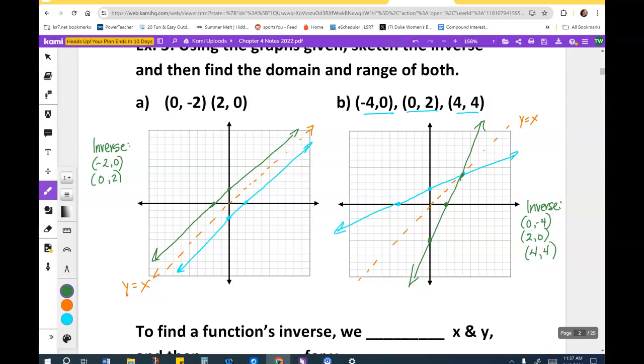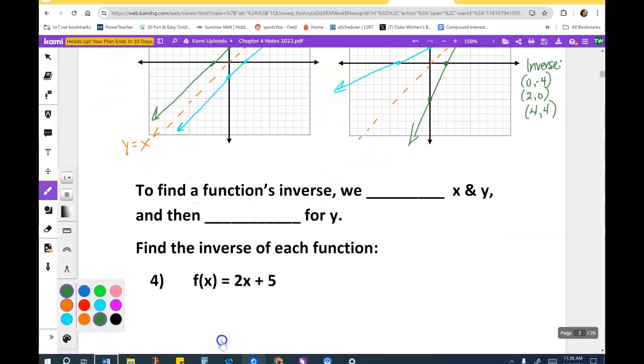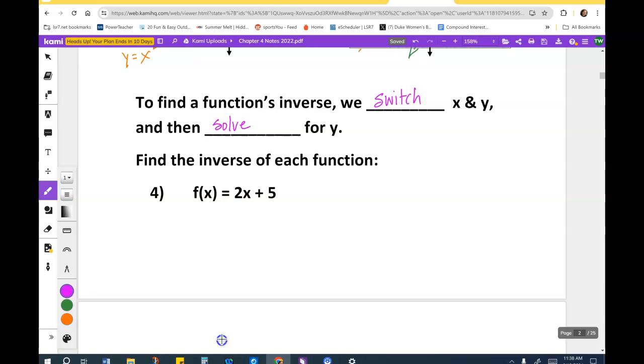But you can find the inverse just simply by switching your x and y. So we find the inverse when we switch the x and y, and then we will solve for y. Now remember, f of x is the same thing as y.